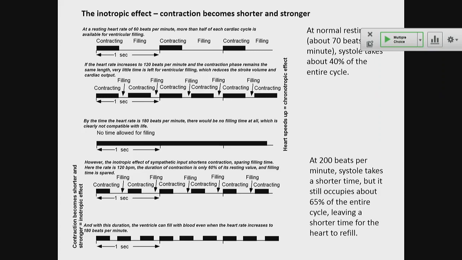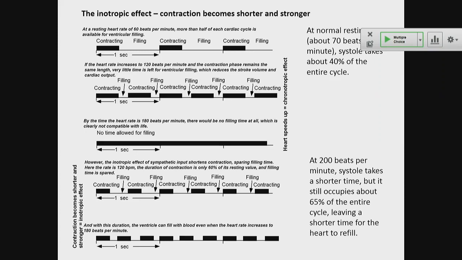And then there's a third effect that comes into play, which we call dromotropic, which is the speed of the conduction of the signal across the muscle of the heart, which also needs to increase, okay?